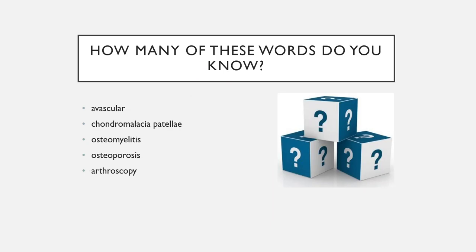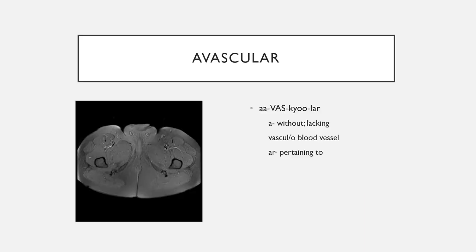Okay, next chapter. Avascular, chondromalacia patella, osteomyelitis, osteoporosis, arthroscopy. So avascular has to do with A is without, vascular is blood vessels, and R is pertaining to.